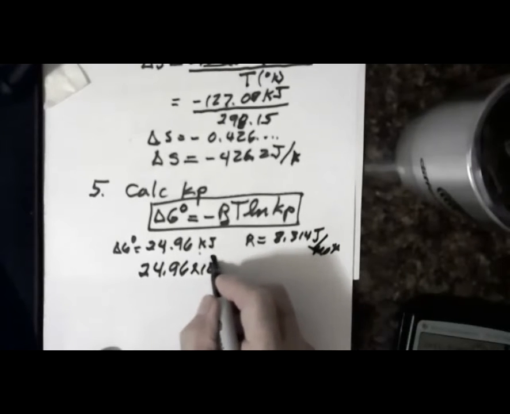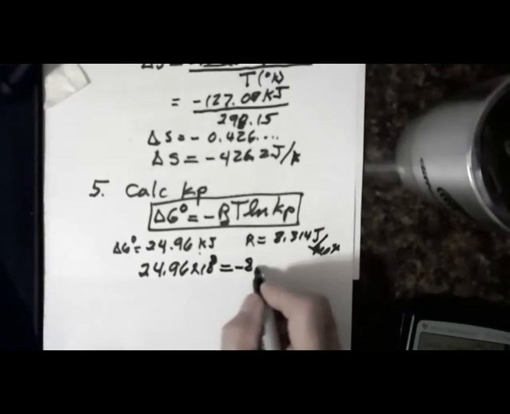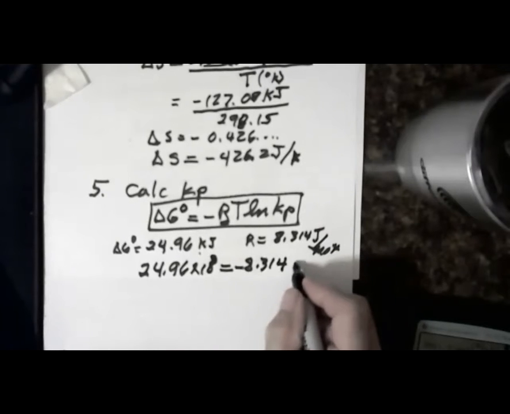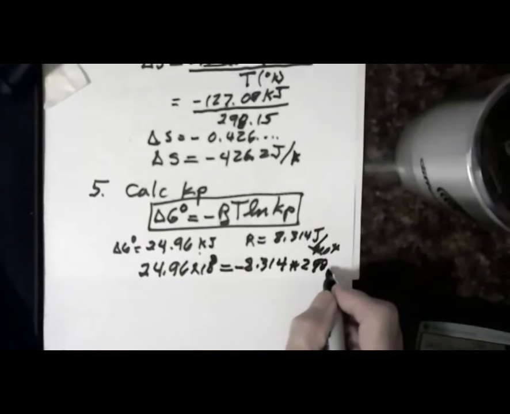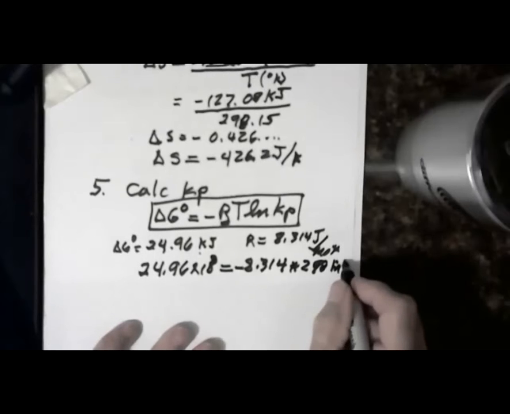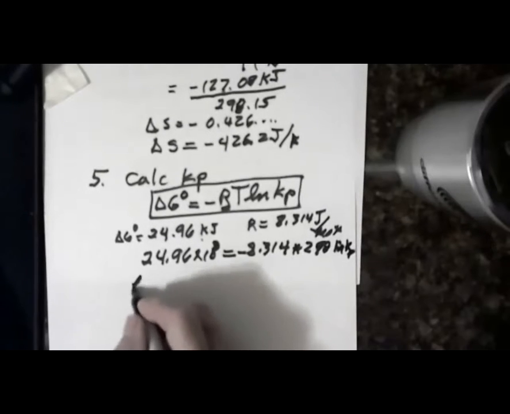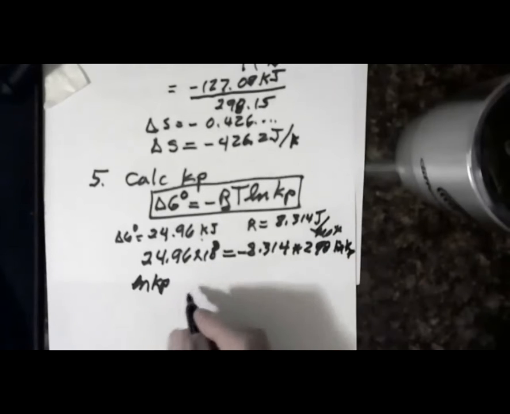That's going to be equal to my minus 8.314. That's R times T, which is 298.15, times the ln of Kp. Okay, so the ln of Kp is going to be this number divided by that one.